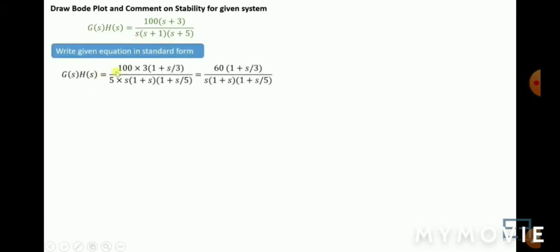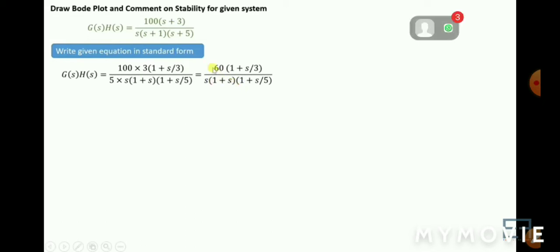So, the first step is to convert that into time constant form, that is 1 plus s. In the numerator we have s plus 3, so we are taking 3 outside, so that it becomes 1 plus s by 3. Similarly, in the denominator we will take 5 outside from s plus 5, so that it becomes 1 plus s by 5.